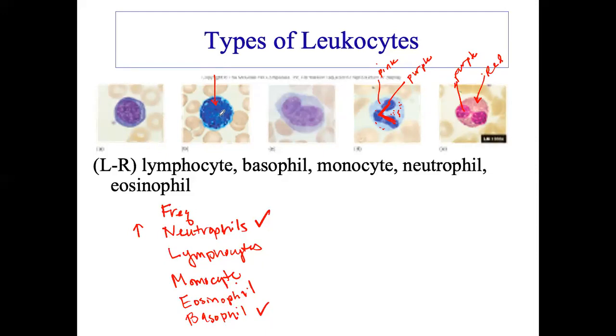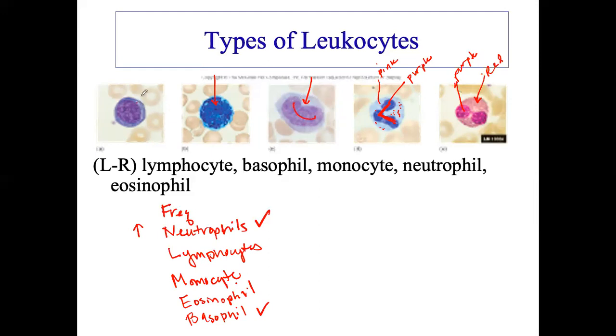Those are the granulocytes. The agranulocytes, or the ones that don't have granules in the cytoplasm, would be your monocyte and your lymphocyte. Monocyte, notice that the cytoplasm is clear. I know it doesn't look that clear to you guys, but it's clear. There's no granules. And the nucleus is kidney bean shaped, right?